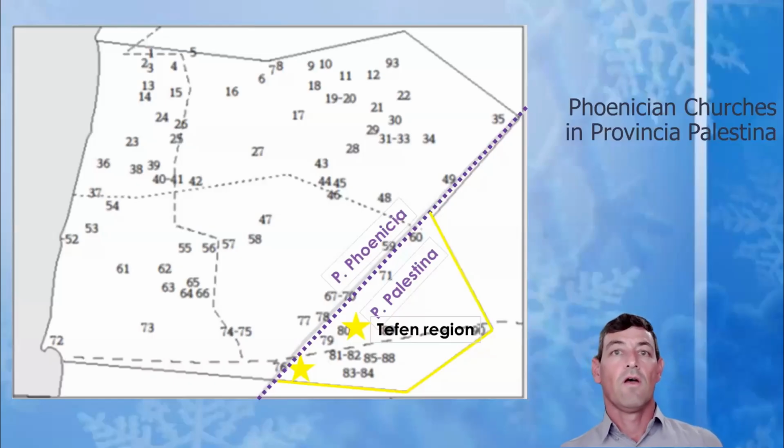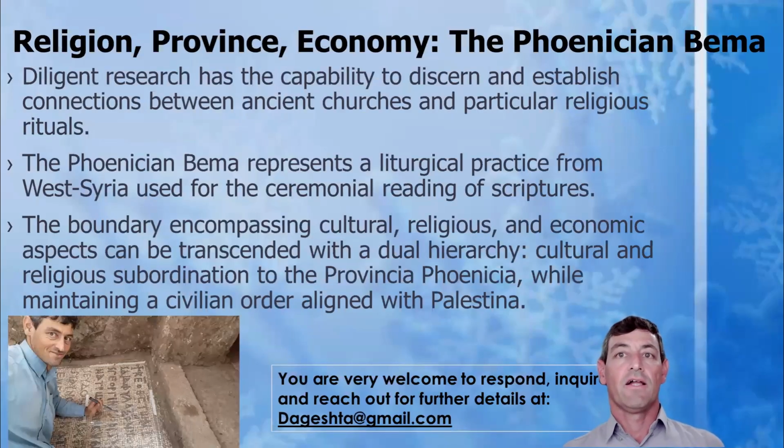So let's conclude here. We can see that diligent research has the capability to discern and establish connections between ancient churches and particular religious rituals, like the West Syrian Phoenician bema churches. And the Phoenician bema represents a liturgical practice from West Syria used for the ceremonial reading of the scriptures.